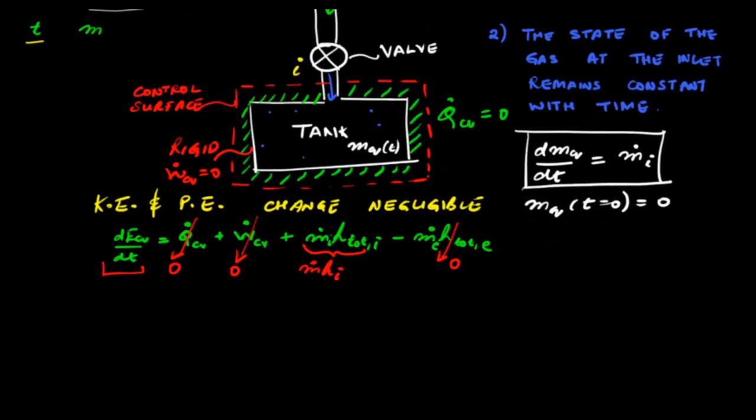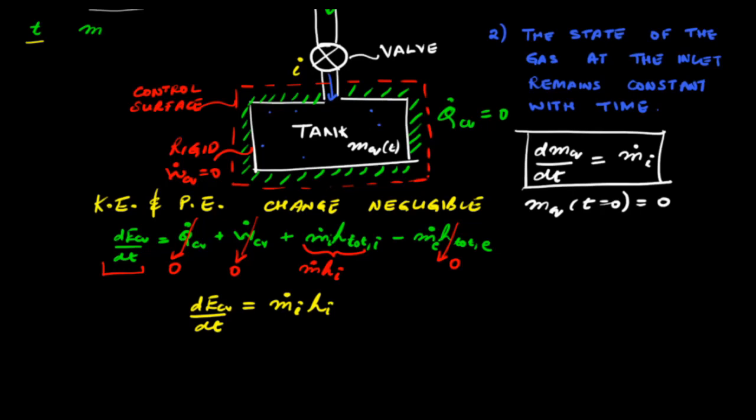So if we do so, our equation simplifies to dE_CV by dt is equal to the mass flow rate at the inlet times the specific enthalpy at the inlet.